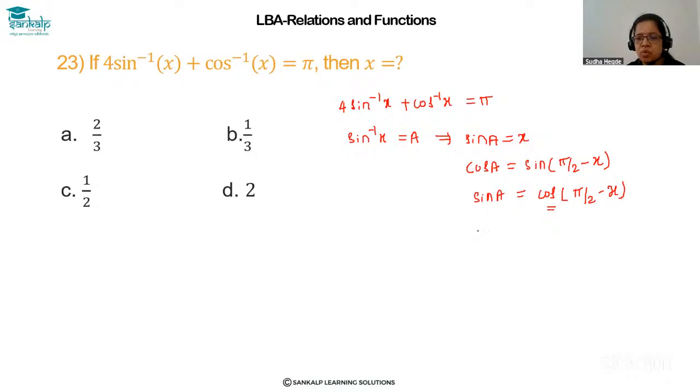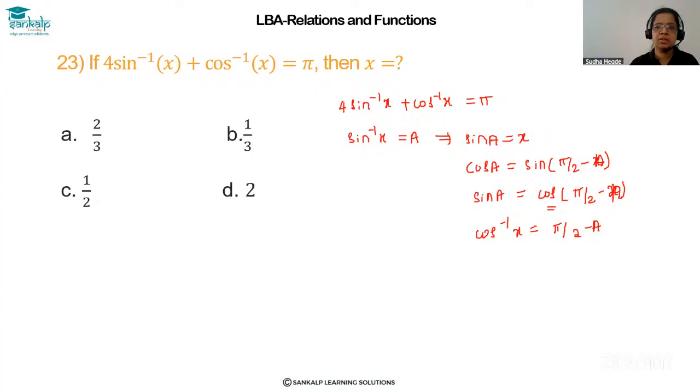So cos inverse x is equal to pi by 2 minus A. Since the angle is A, you have to take the other side also A only. Got it right?